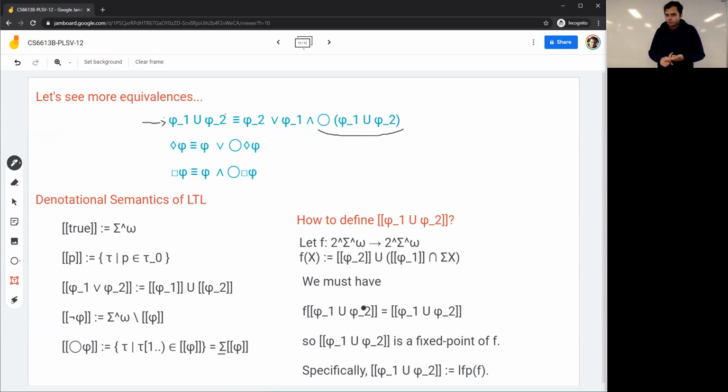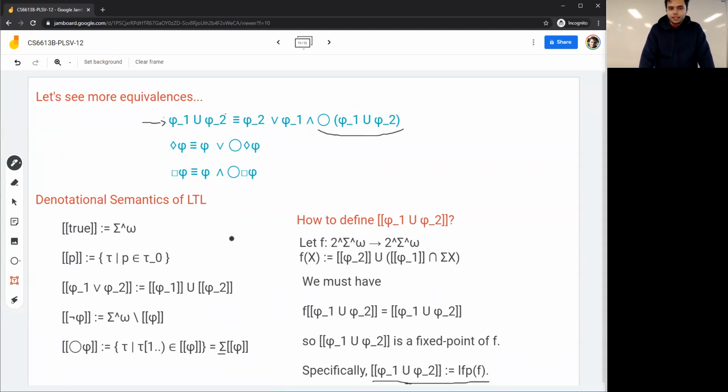The fixed point might not be unique, but we have to take the least fixed point. Again, why? Because we want it to match our rule-based semantics. And so this is the denotational semantics for phi1 until phi2. It's the least fixed point of the function F. And this was the function F.